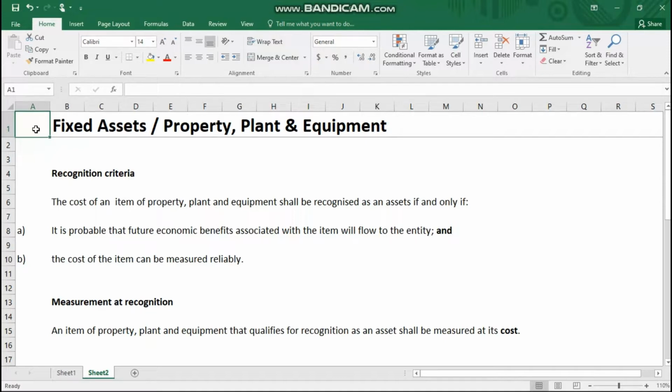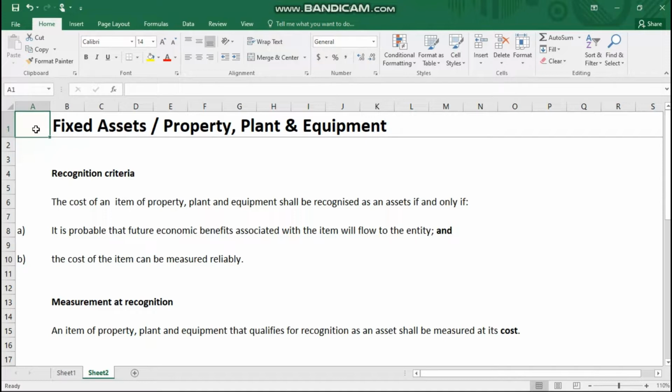We'll continue the same topic of property, plant, and equipment, and we will discuss some more on this topic. For any business which is involved in any manufacturing or production process, property, plant, and equipment or fixed asset is the major component of that business, because through that the business will carry out all the manufacturing activity, will do all the production, and then it will sell the products to the customers.